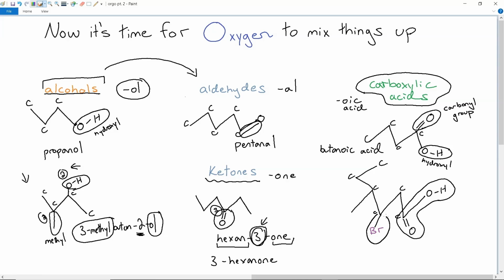And then we have a bromine here and a methyl group here. So sometimes these more complicated looking compounds are actually easier to name because we know we need to start counting our carbons from the carboxylic side of things where we have the hydroxyl and carbonyl groups. Therefore, our bromine is on our 3rd carbon and our methyl group is on our 4th carbon. So this would be 3-bromo-4-methylhexanoic acid.